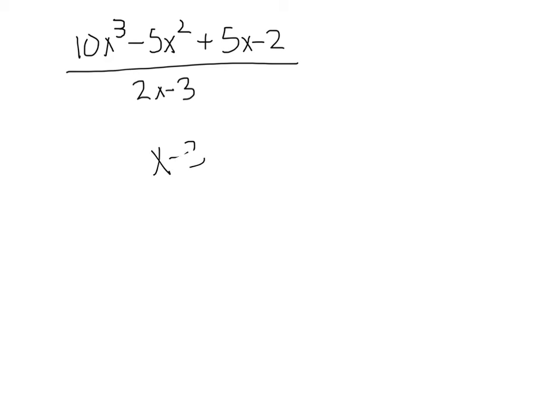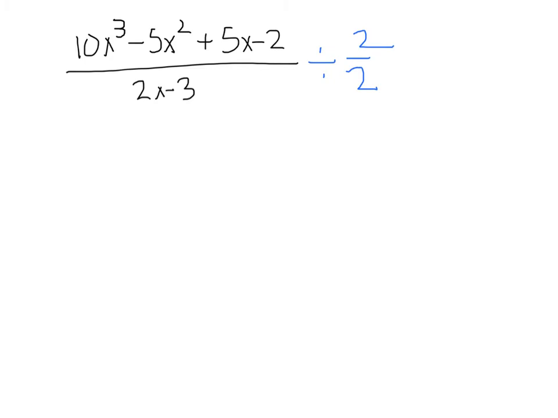When you have a coefficient out in front like this 2, we first have to rewrite the problem before we can use synthetic division. So when we have this 2x minus 3 here, I'm going to divide the top and bottom by 2.